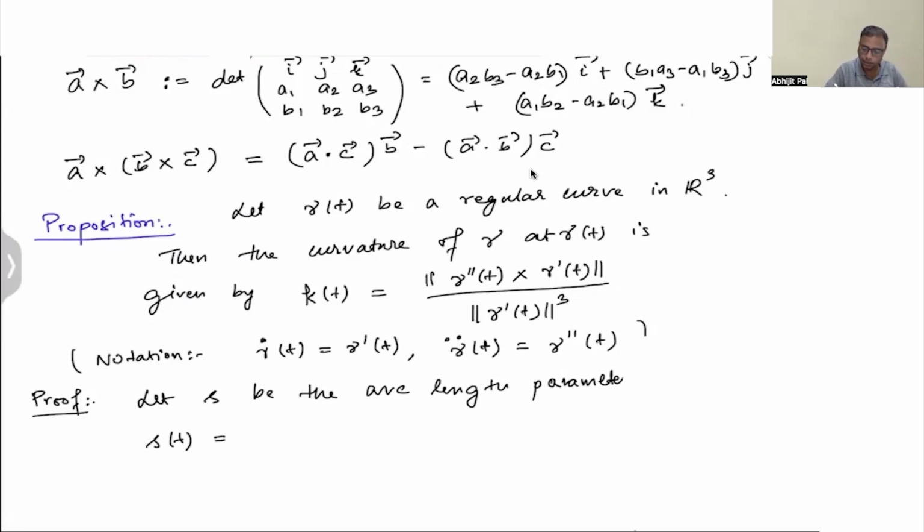So s(t), ds/dt, is equal to the norm of gamma dot(t).